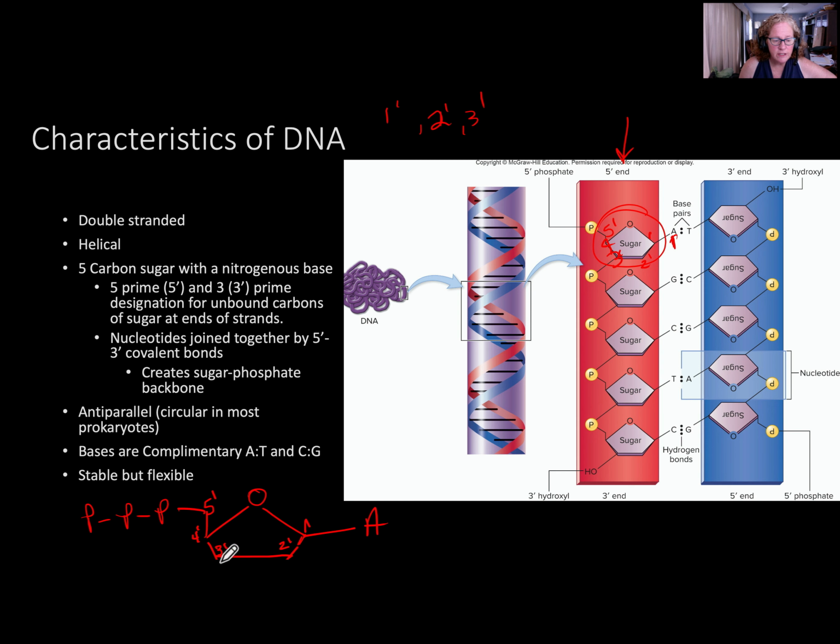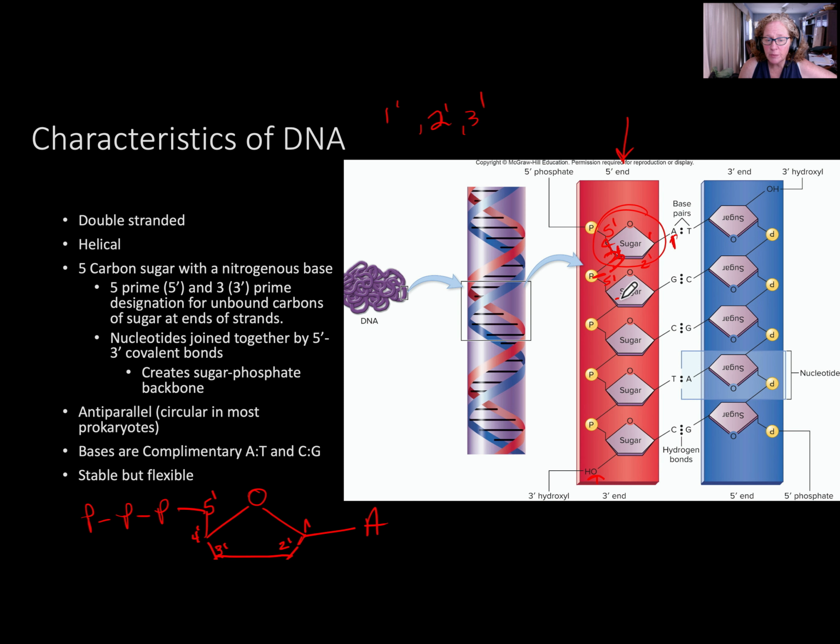And this is an important distinction because of this 3 prime carbon. I have a little OH coming off of my 3 prime carbon there. And this structure is important because when DNA is put together, the 3 prime carbon of this deoxyribose sugar binds to the same phosphate group as the 5 prime carbon of the neighboring sugar.